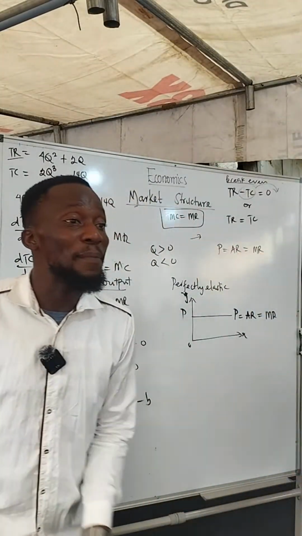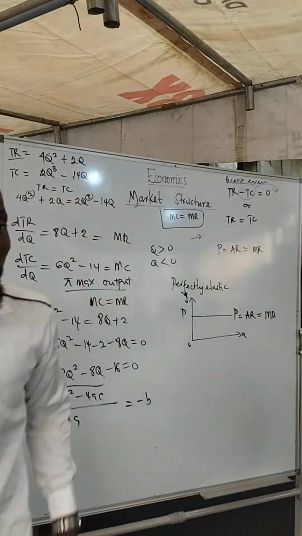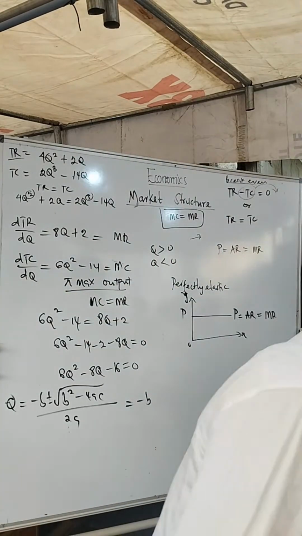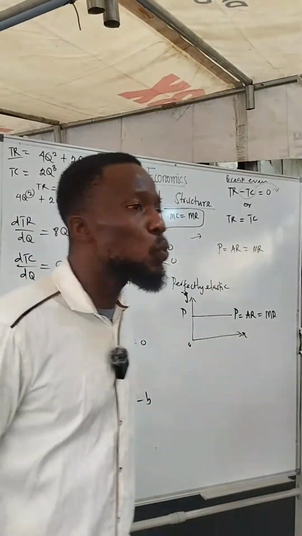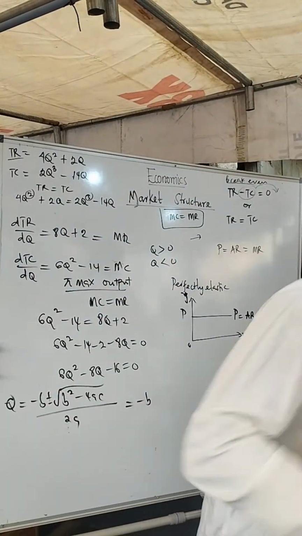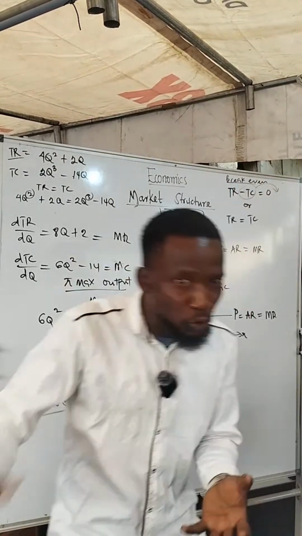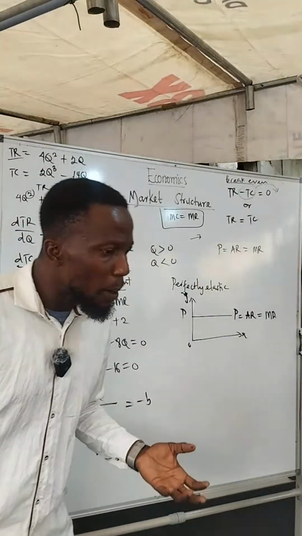And when new firms enter the market, this firm is supplying, and another new firm is supplying. What will happen to the quantity supplied? It will increase. So when quantity supplied increases, what happens to price? When supply increases, price will fall.